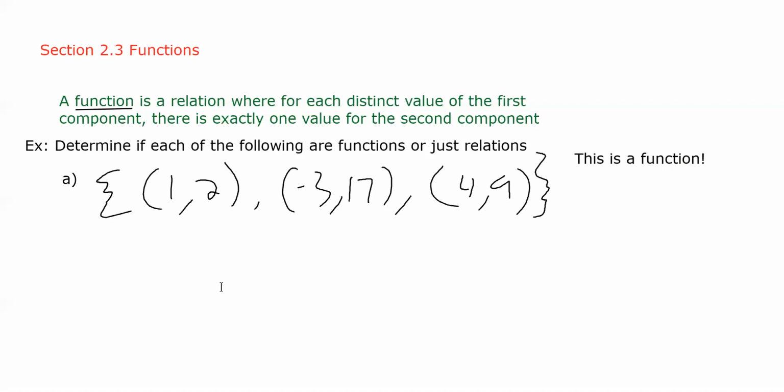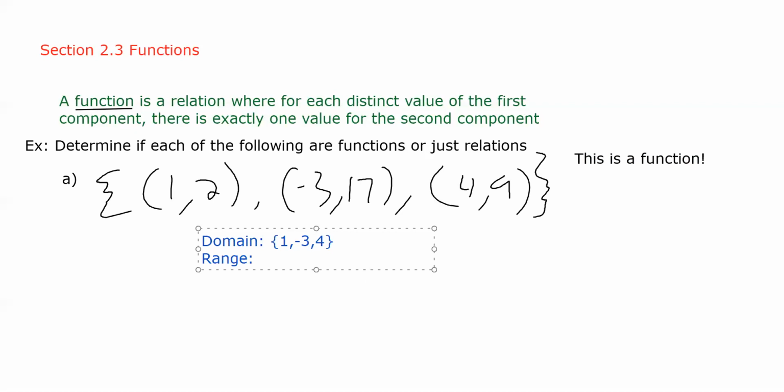We can actually define some really interesting terms, domain and range. The domain is just the set of all possible x values that the relation or function defines. So it would be 1, -3, and 4. And it doesn't even have to be in order. You've probably seen domain and range before.